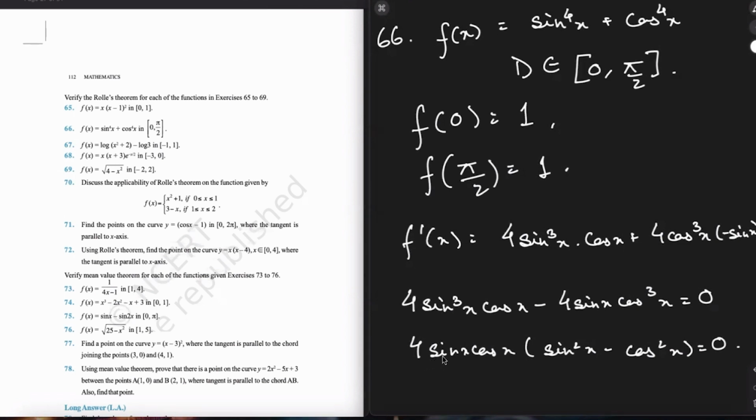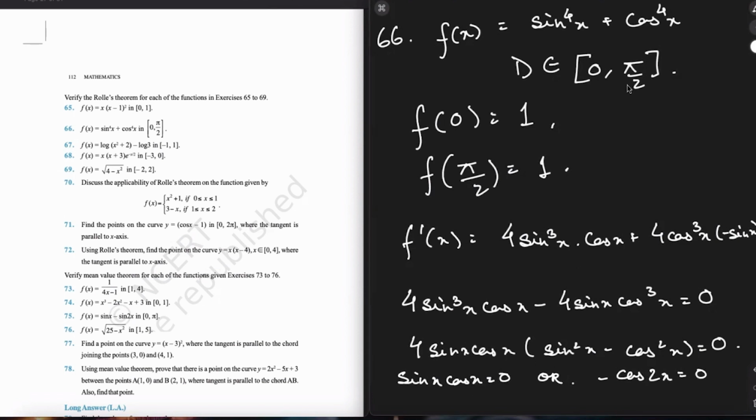Alright. So this whole term can be 0. Either sin x into cos x is equal to 0, or sin square x minus cos square x, this is minus cos 2x. And minus cos 2x is equal to 0.